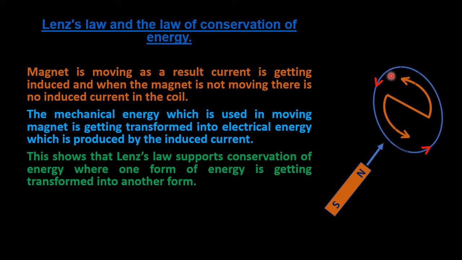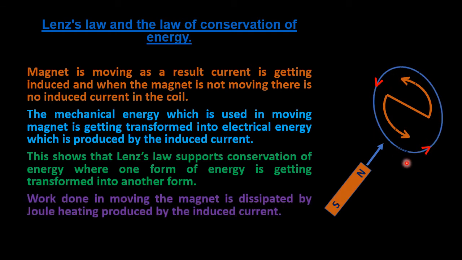Now the electrical energy that is produced here, where will it go? Because the current will not be flowing for a very long time in the coil. As soon as the magnet stops moving, the current in the coil will be zero. The work done in moving the magnet is dissipated by Joule's heating produced by the induced current.